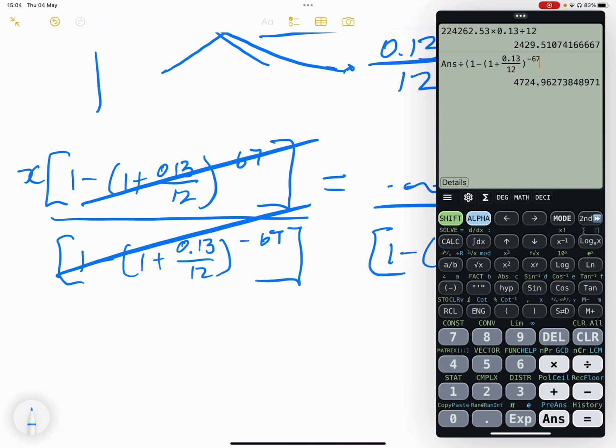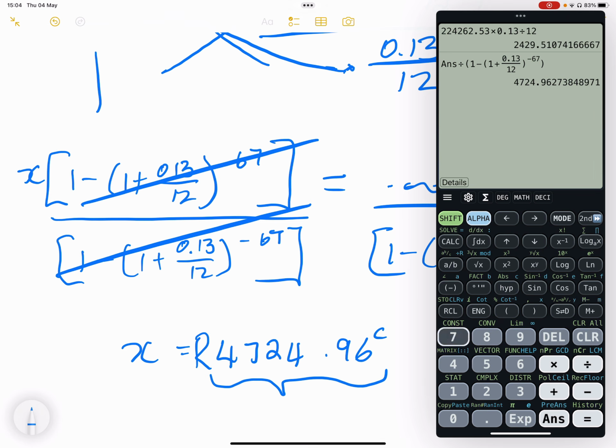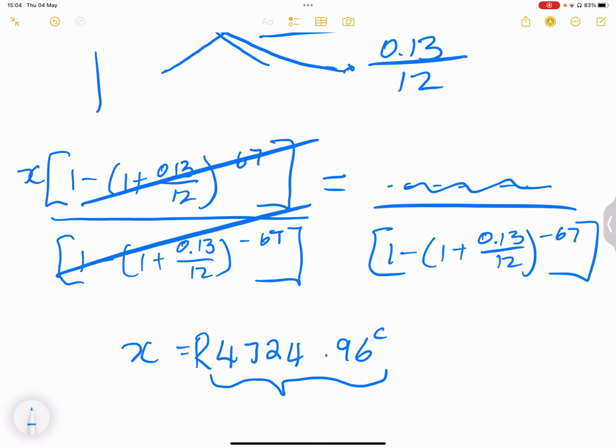Close that bracket. And there I've got a value for X. So X would be 4,724 and 96 cents. So on a monthly basis, he has to pay this amount so that he'll be able to finish off the loan in 6 years.